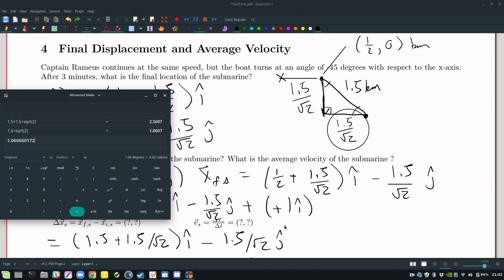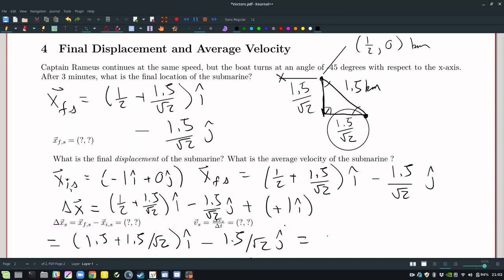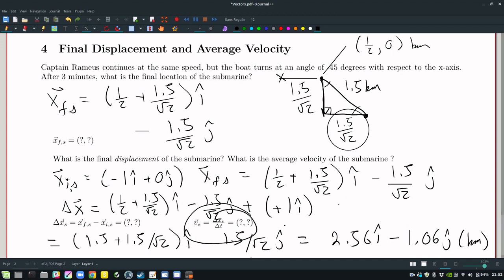So the displacement here is about 2.56 kilometers to the right, and then minus 1.06 kilometers down. The final question here, though, is asking about what is the average velocity.